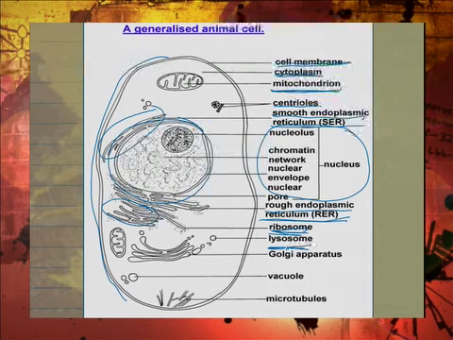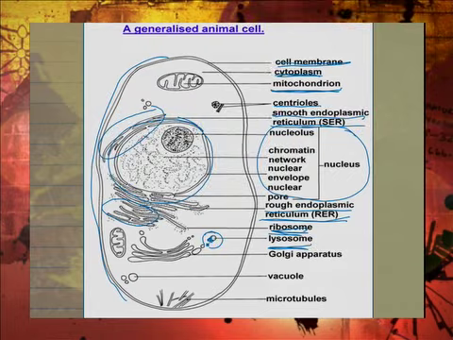Lysosomes are small structures that carry very important substances that can break down parts of the cell. Now, it's very important that those lysosomes are compartmentalizing, or keeping apart from the rest of the cell, the substances that are inside them, because inside lysosomes we find substances that can break down the cell.